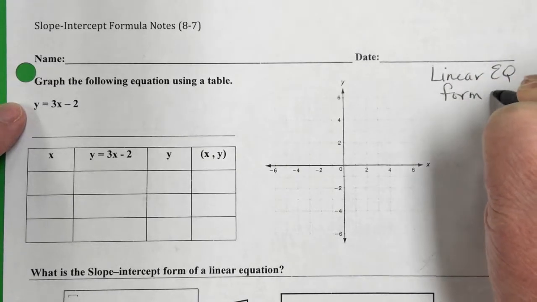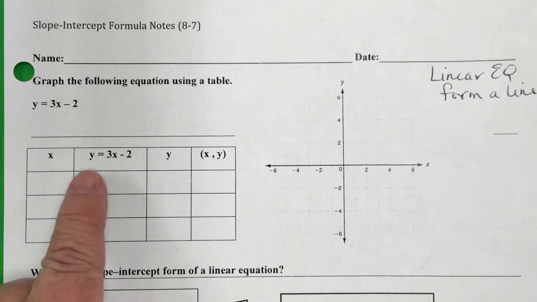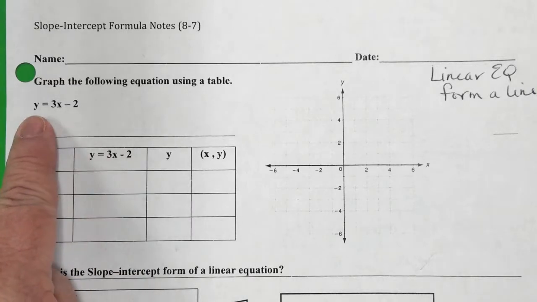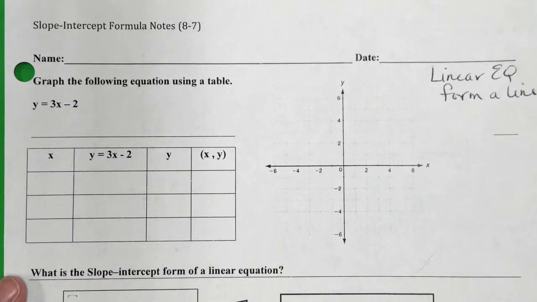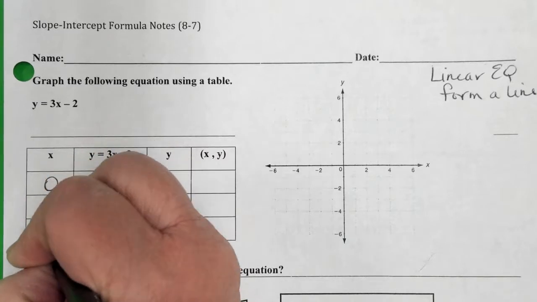We're going to choose values for our variable x. We're going to substitute them in, making our calculations to get y. You want to pick low numbers since we're going to have to graph it as well. So let's pick 0, 2, and 3.